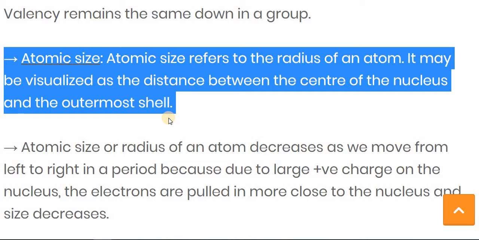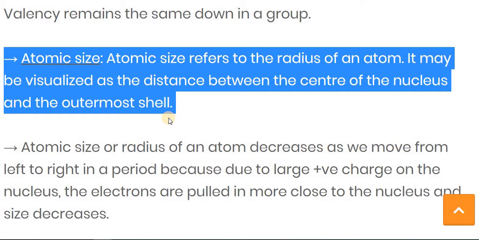So we can say that moving from left to right in a period, there is no increase in the number of shells, but only an increase in the number of electrons. So what happens if the electrons are increased?